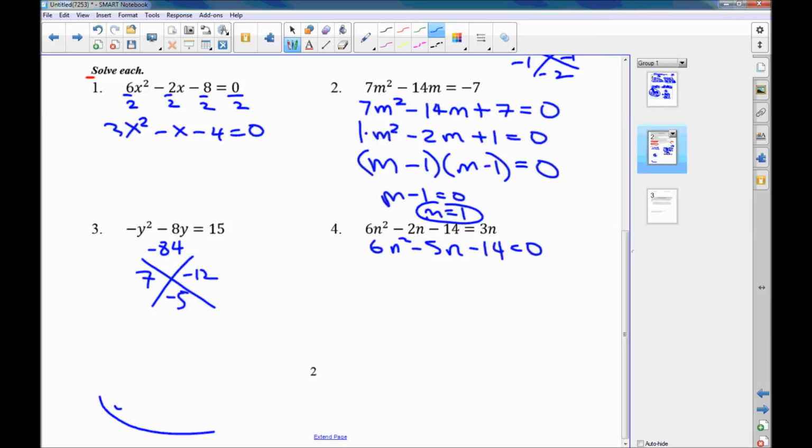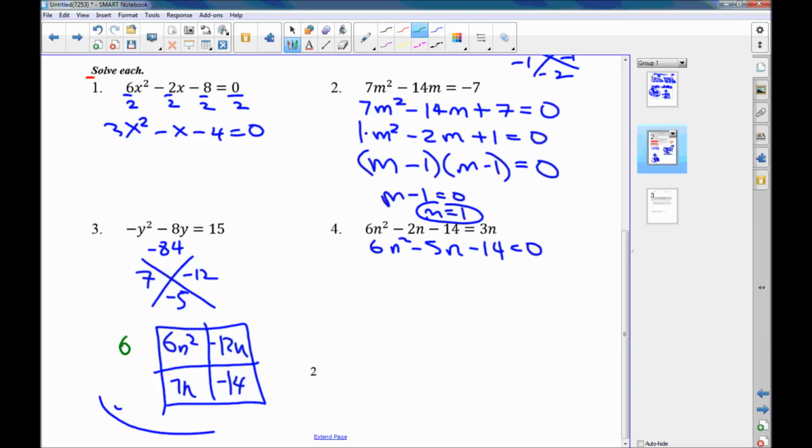Okay, so I'll use my box method. First place is 6n squared. The bottom right is minus 14. And we split negative 5n into two things, negative 12n and 7n. Okay, so the GCF for the top ones is 6n, and it leaves behind n and minus 2.